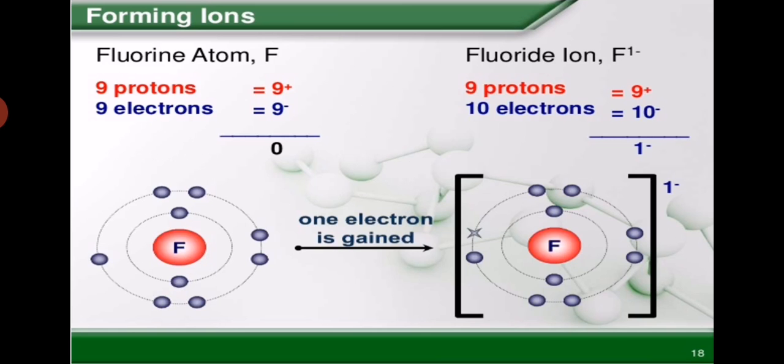Here see the example, fluorine atom. This fluorine atom has 9 protons and 9 electrons, and it gains 1 electron and becomes 10 electrons, that is the fluoride ion. We write F1 minus, means this fluorine atom gets 1 electron from another atom or another molecule.